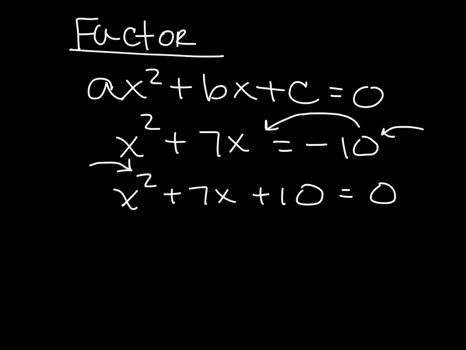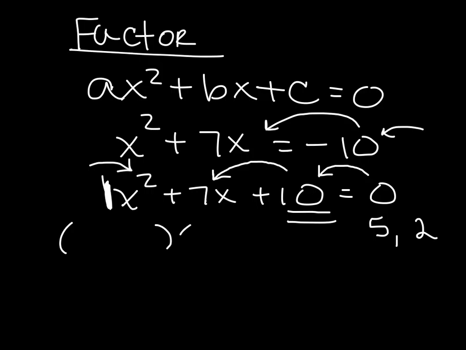So you can look at it, and if there is a 1 in the front, in other words, if that variable is single and it doesn't have another number in front of it, 2, 3, whatever, then you can find factors of this last term, the c term, that add up to the middle, and you can factor that way. This one, there are factors of 10 that add up to 7. Factors of 10 that add up to 7 would be a positive 5 and a positive 2. So factoring something like this is simple.